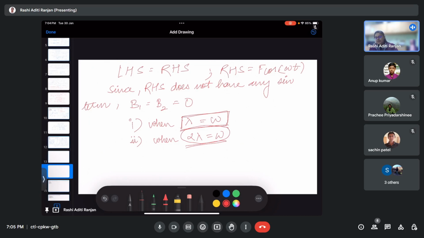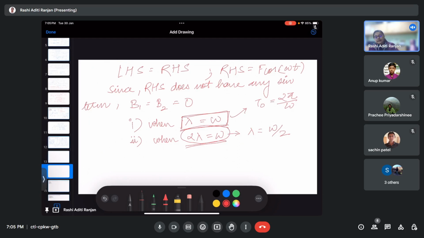What happens in this case? For lambda equal to omega, the time period would be T naught equals 2 pi by omega. But for this, lambda is equal to omega by 2. It means that there may be an oscillation where the oscillation frequency is omega by 2, where omega is the forcing frequency.